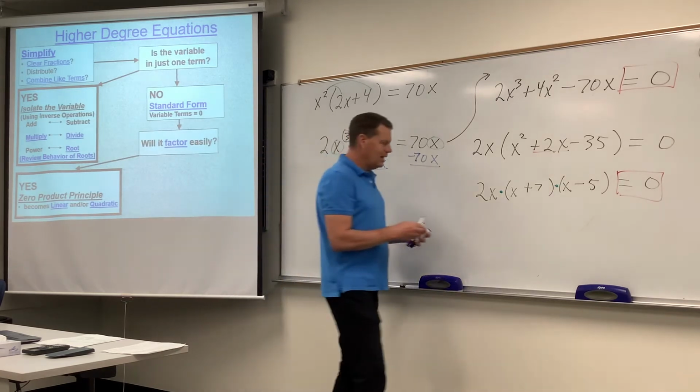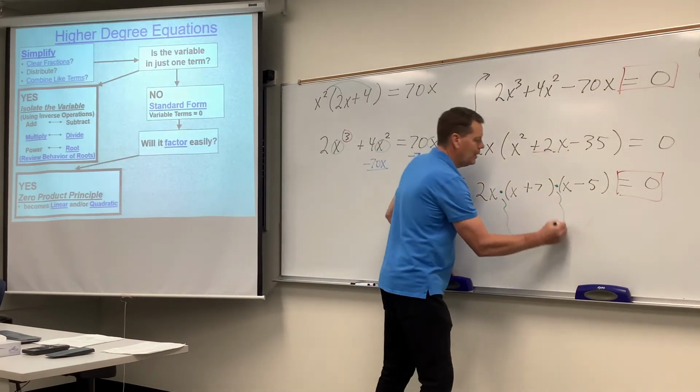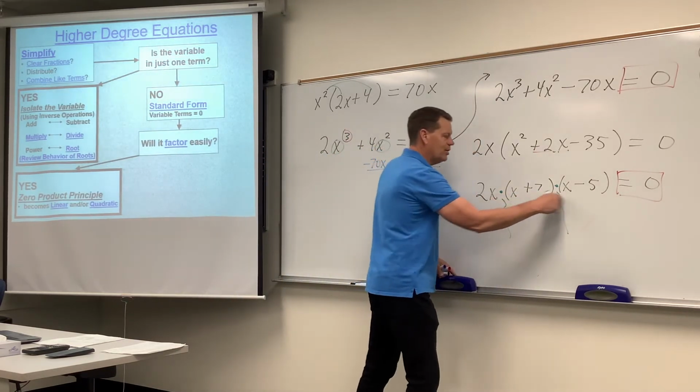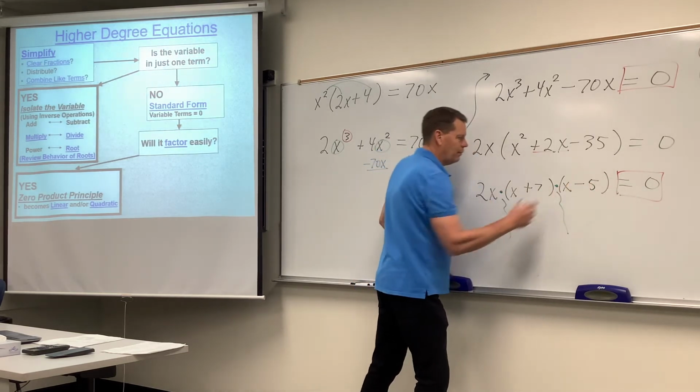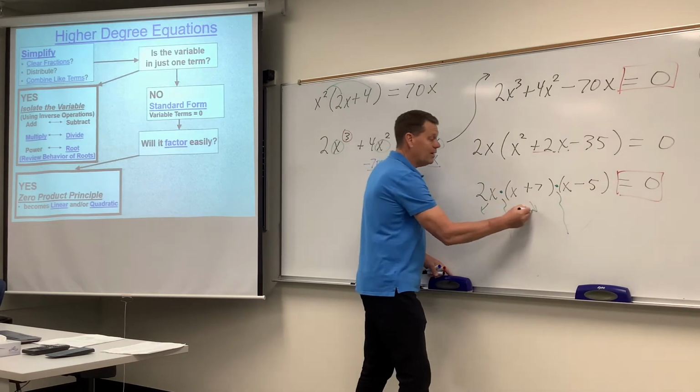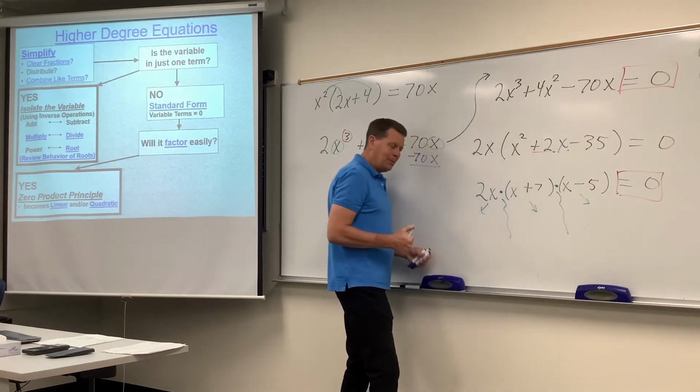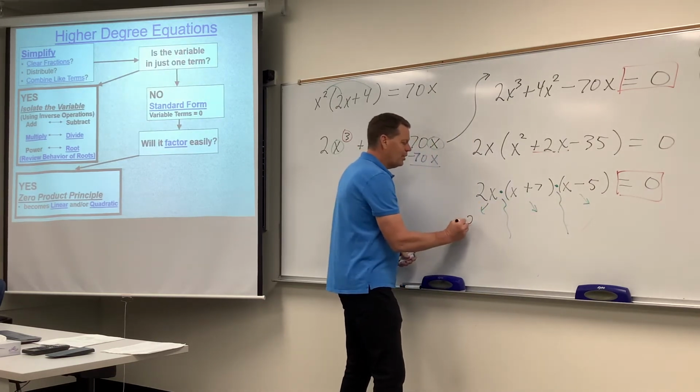So this actually ended up with three factors, this expression, and this expression. And if we multiply these three expressions and get 0 for an answer, one of those three expressions has to be 0 for that to happen. That's basically the zero product principle.